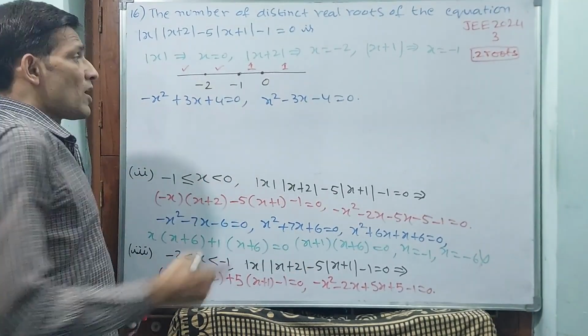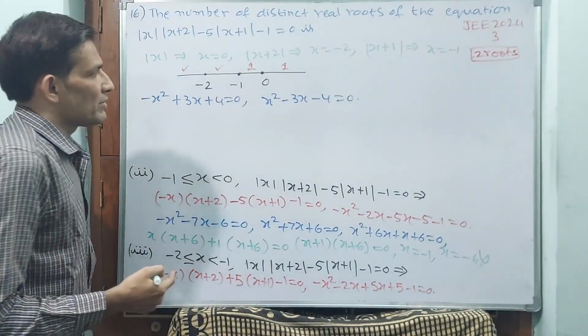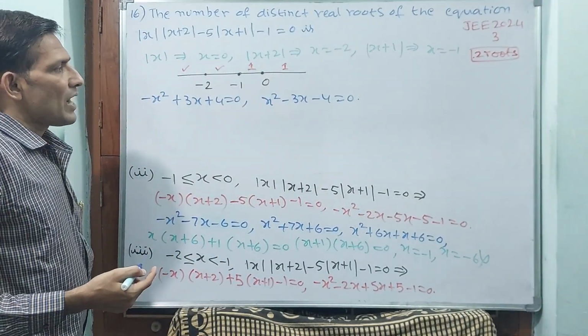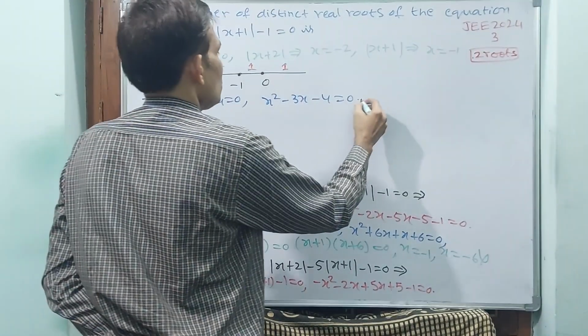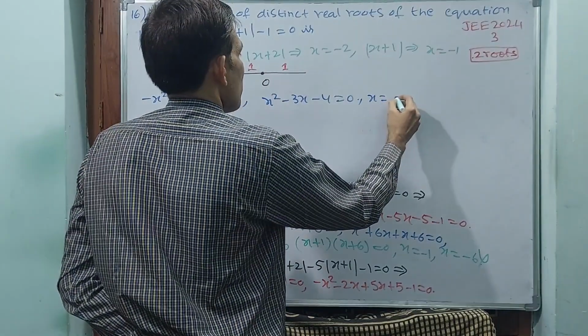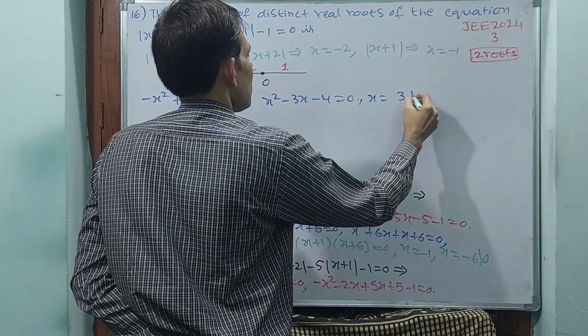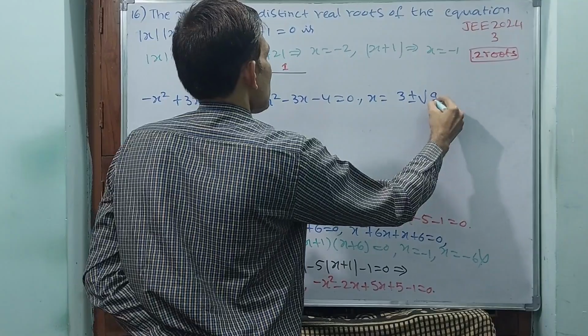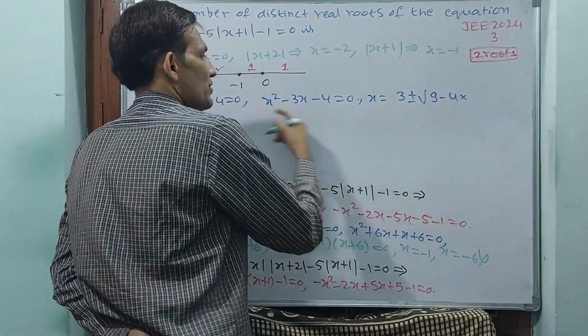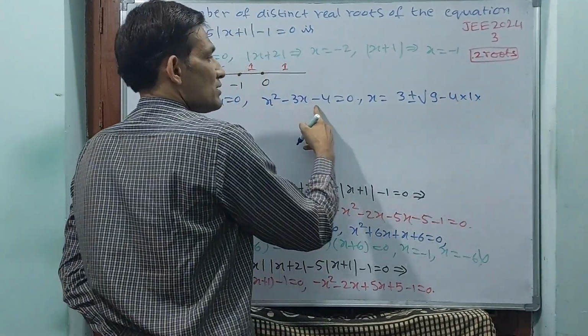Now you see, however, minus 4 will come with minus 3. Then you use x is equal to minus b plus or minus square root of b square minus 4ac, over 2a, where a is 1 and c is minus 4.